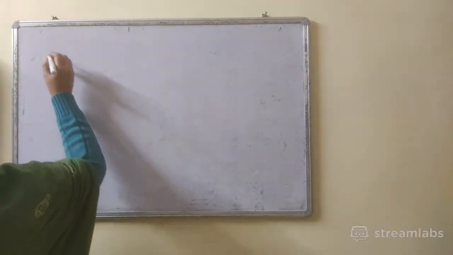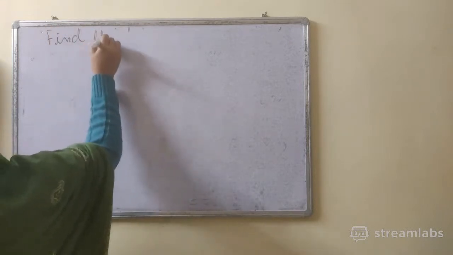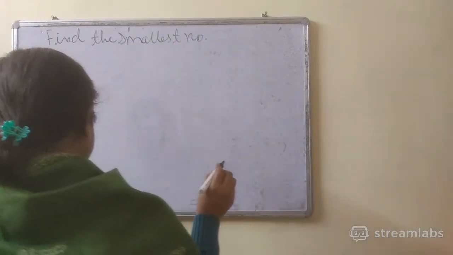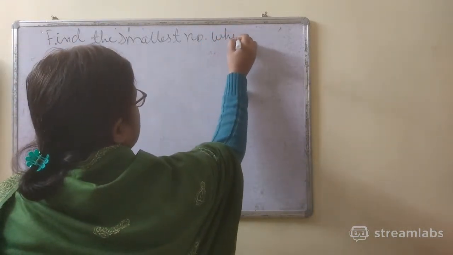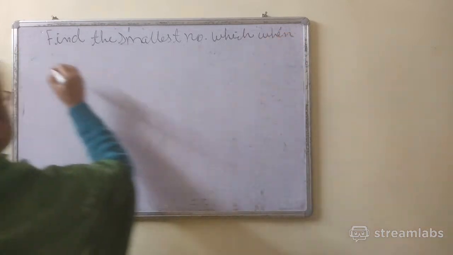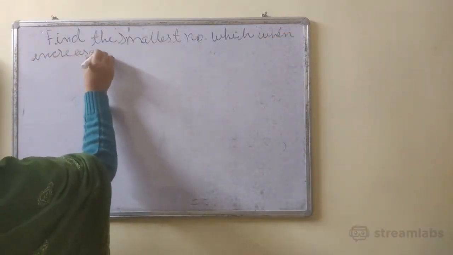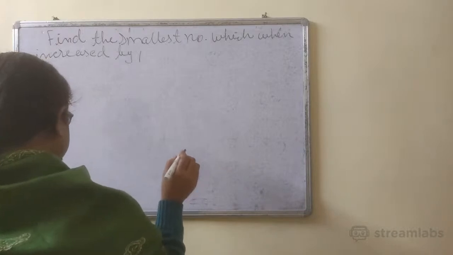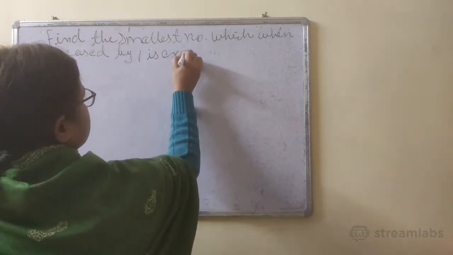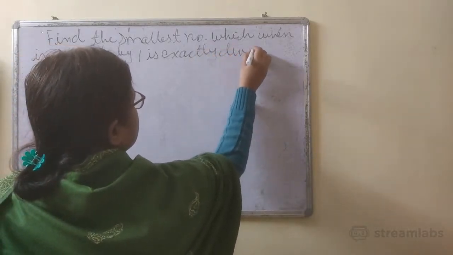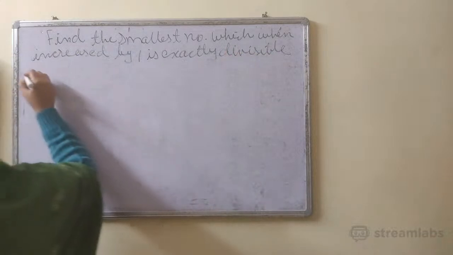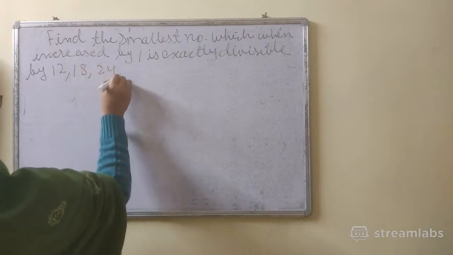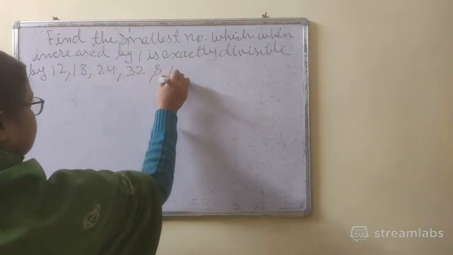Find the smallest number which when increased by 1 is exactly divisible by 12, 18, 24, 32 and 40.